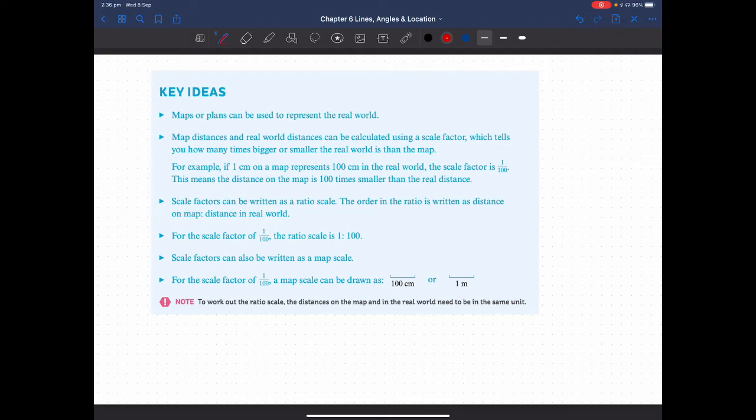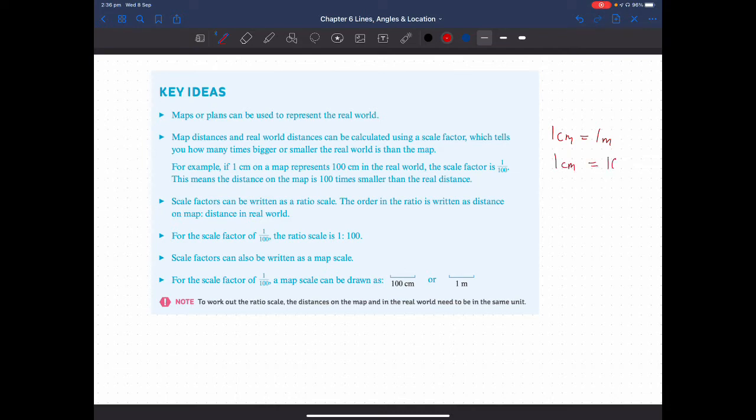For instance, you might have 1 centimetre equals 1 metre. Now, 1 centimetre on your plan equals 1 metre.